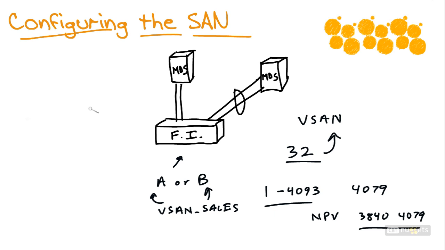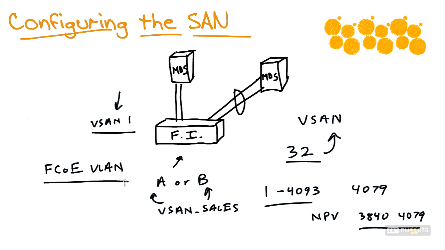Just like with our VLANs, there is indeed the default vSAN 1, and this default vSAN cannot be deleted.